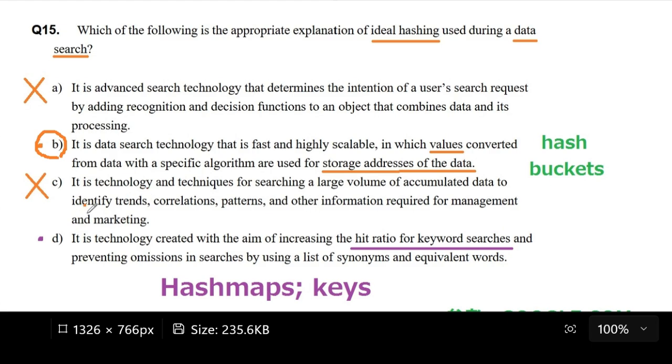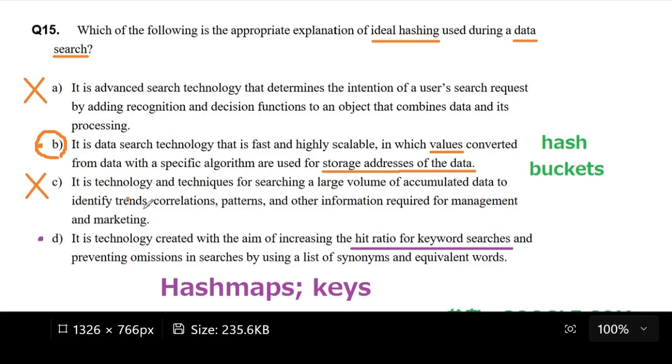Letter C, it is technology and techniques for searching a large volume of accumulated data to identify trends, correlations, patterns, and other information required for management and marketing.